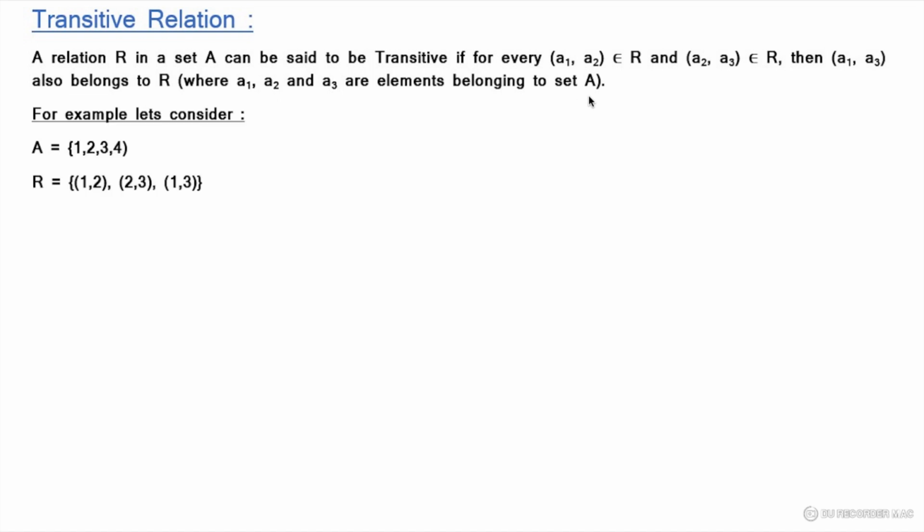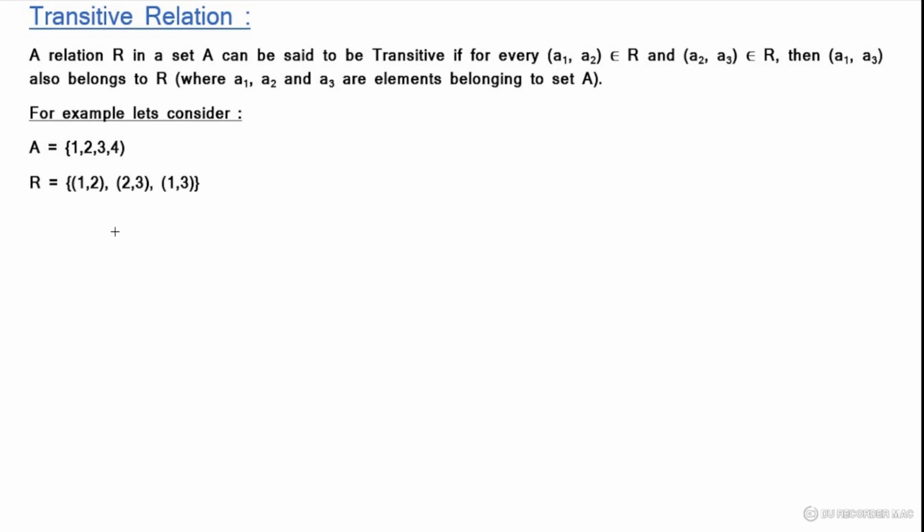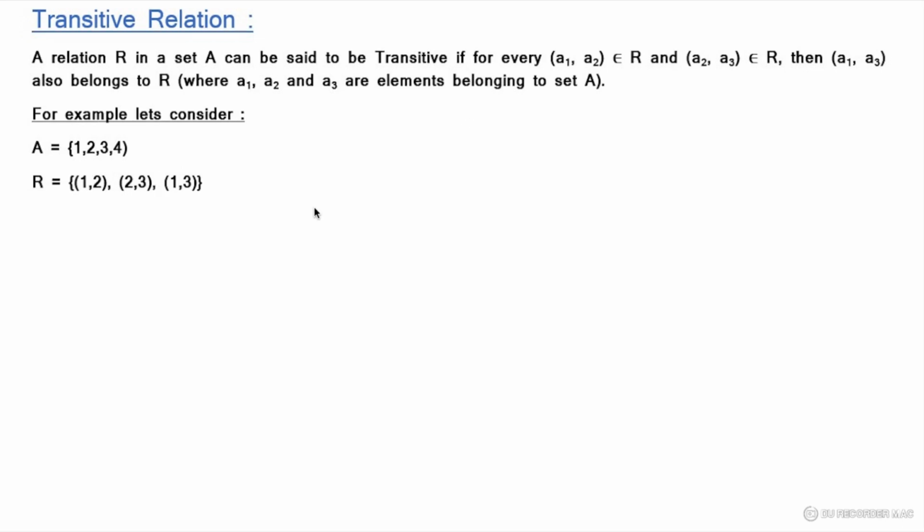Now we will understand this with an example. Consider set A equals {1, 2, 3, 4} and the relation R is equal to {(1, 2), (2, 3), (1, 3)}. Now is this relation a transitive one? Can you guess?